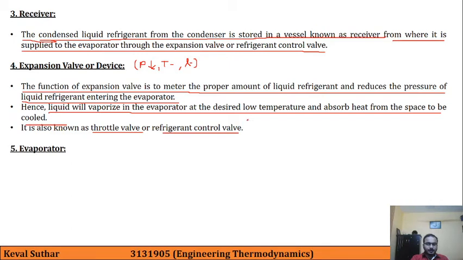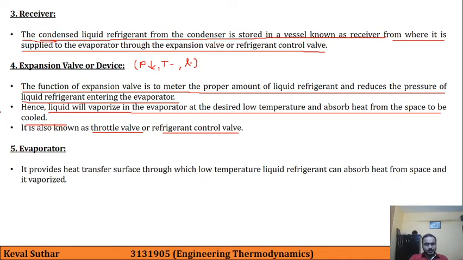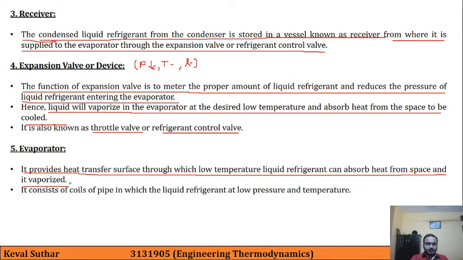Next is the evaporator. We have already discussed the evaporator separately, where we took the example of cooling of water. It provides a heat transfer surface from which the low temperature liquid refrigerant can absorb heat from the space and get vaporized. It consists of coils of pipe in which liquid refrigerant is at low pressure and temperature.